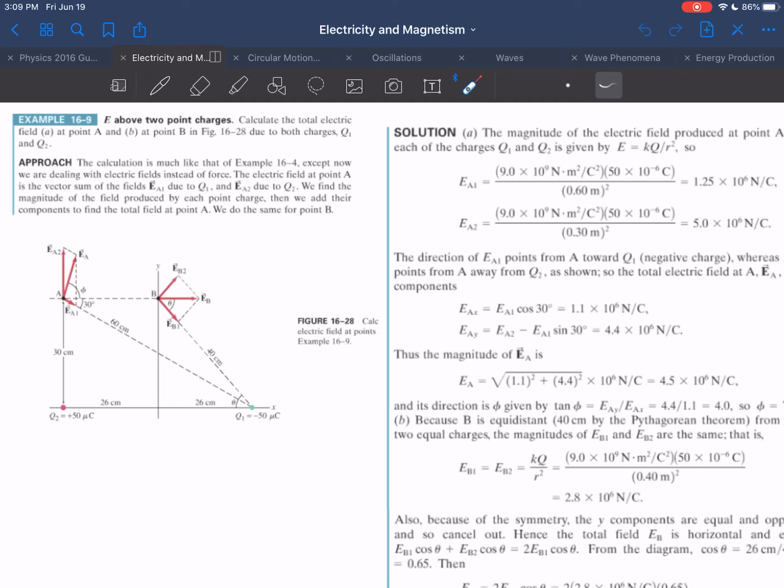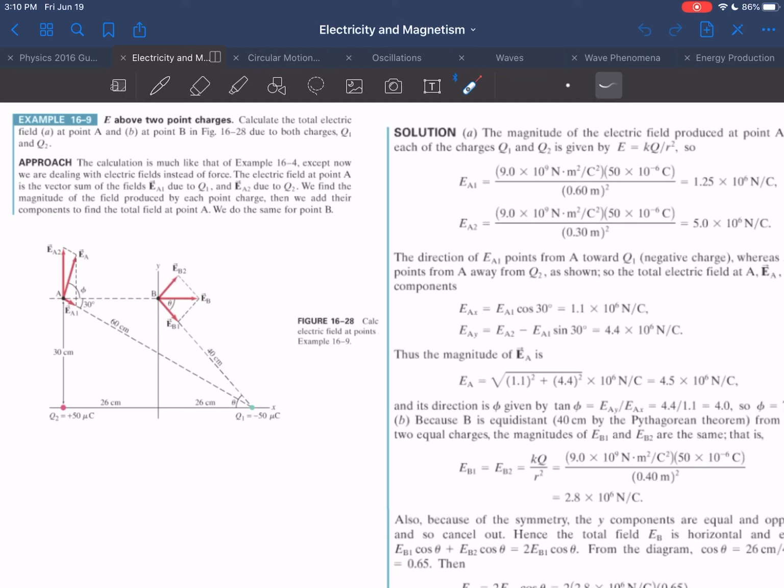That vertical component, you're taking sine of 30, multiplying by the value of EA1. And the x component of EA is simply the horizontal component of EA1 because there is no horizontal component of EA2. Once you have those two values, EAX and EAY, you can use the Pythagorean theorem to get the total length of the vector EA.